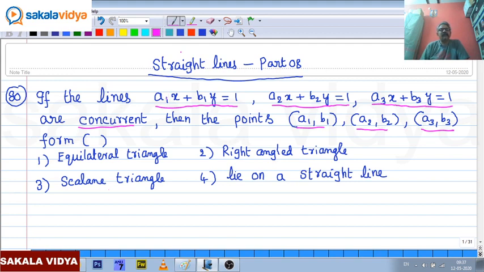So that means these three lines are concurrent. Then what do these points a1 comma b1, a2 comma b2 and a3 comma b3 form? So that we need to find out.